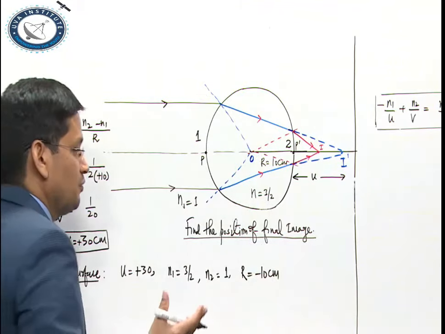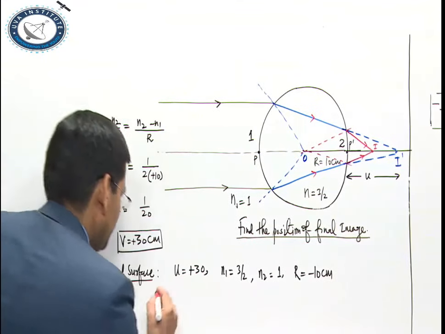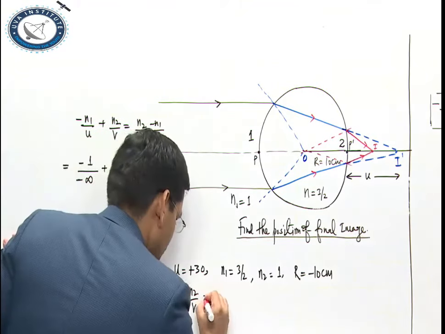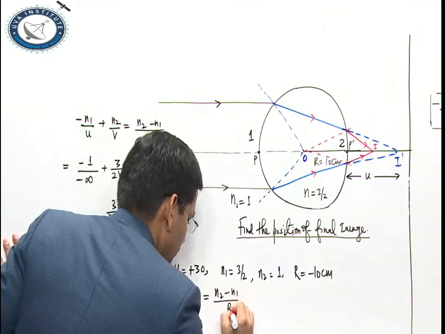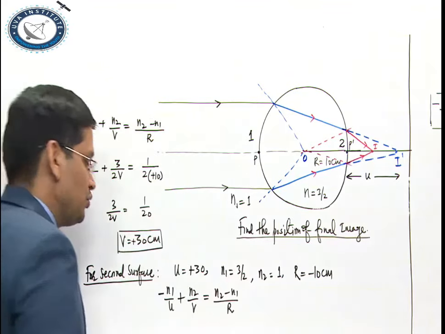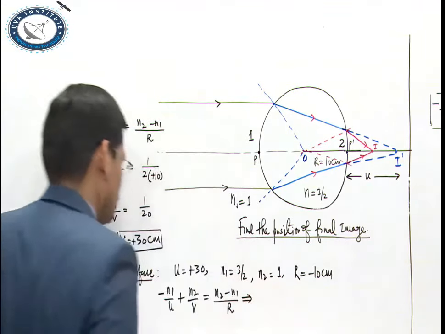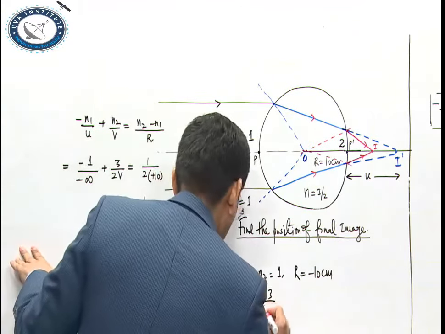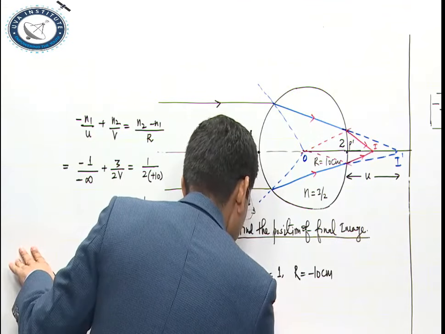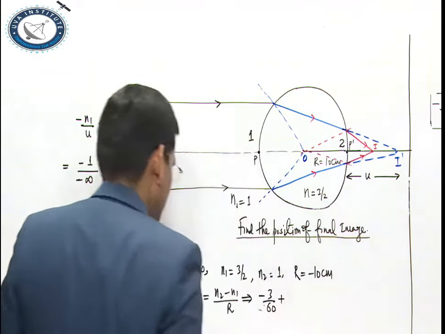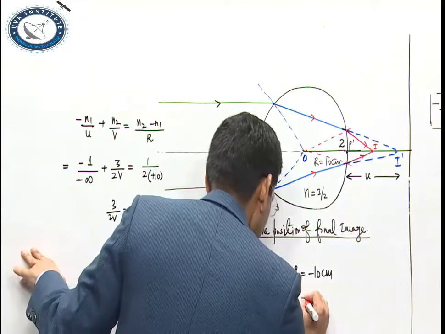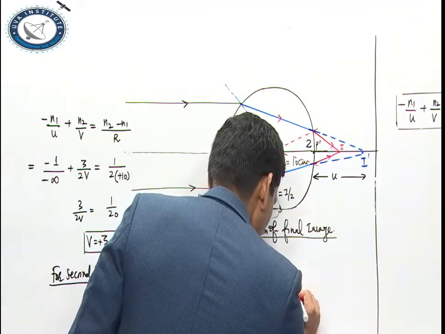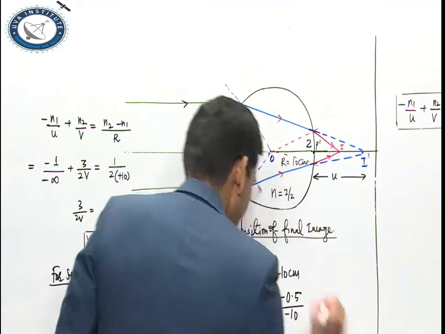Now, let us apply the formula and see whether my approximation goes right or wrong. So, minus n1 by u plus n2 by v is equal to n2 minus n1 by r. If I use this formula and try to solve it, n1 is 3 by 2 into 30. n2 is 1, v I have no idea what it is. n2 minus n1 is 1 minus 1.5, so this is minus 0.5 divided by minus 10.